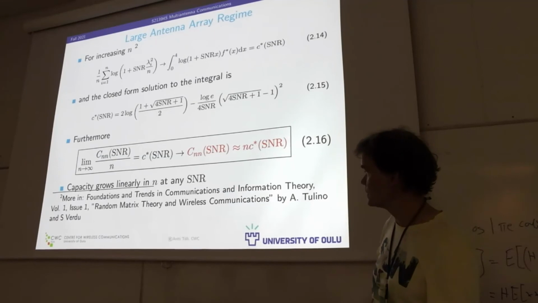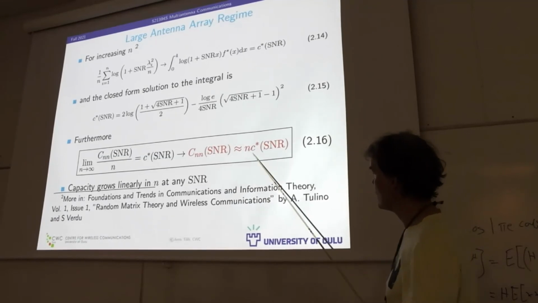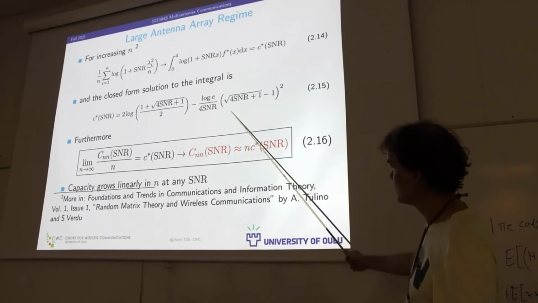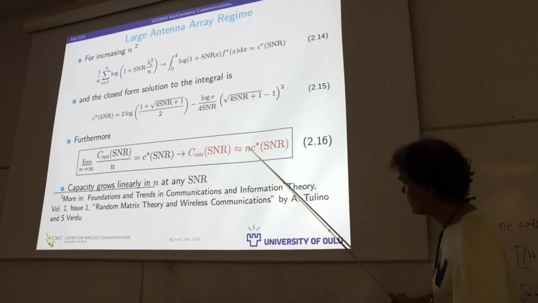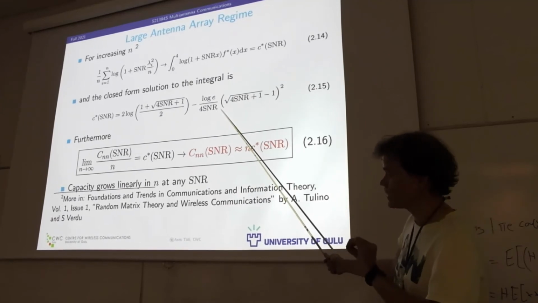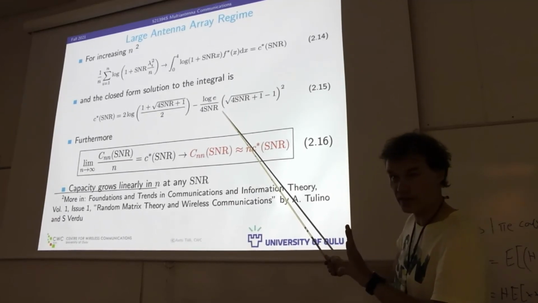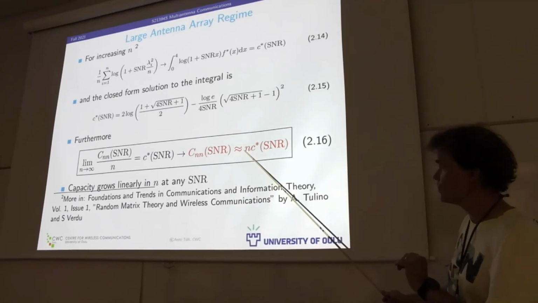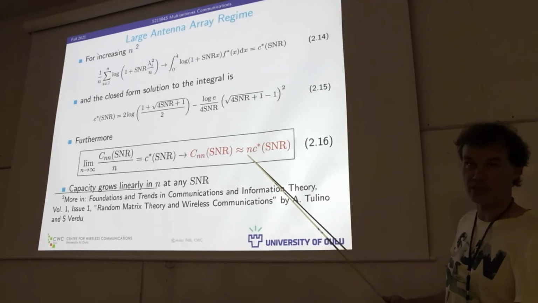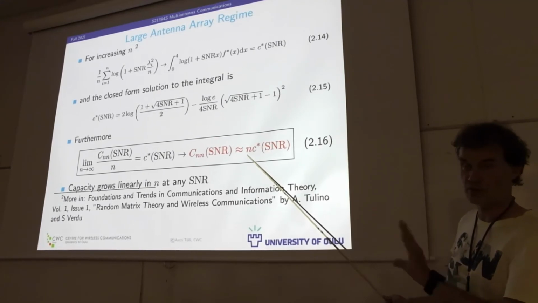Quite nice. To get the sum capacity, you simply multiply by n. Of course, this comes with an assumption that n goes to infinity, so when you apply this to any finite dimension, it's an approximation. It doesn't hold exactly.